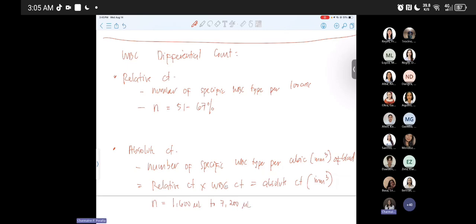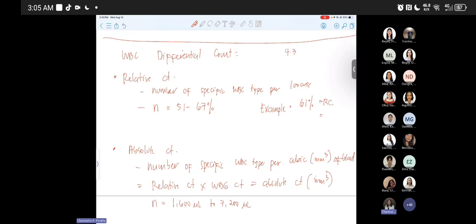So for example, ang nabilang ninyo sa differential count, ang neutrophil is, let's say, 61%. Yan na yung relative count. Pag tinanong, ano yung absolute neutrophil count? Let's say ang WBC is 4.3.